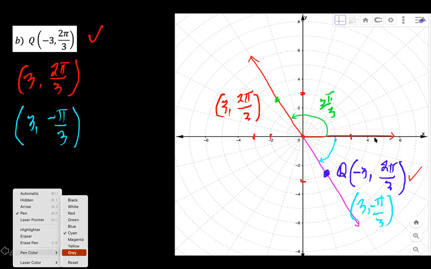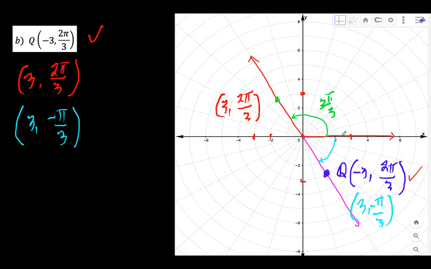We can find the positive angle with a positive radius. We can use this angle here, somewhere here. So that's +3, of course. And what's the angle measure? 2 pi minus pi over 3, that's 5 pi over 3. There we go. So this point is same as point Q.